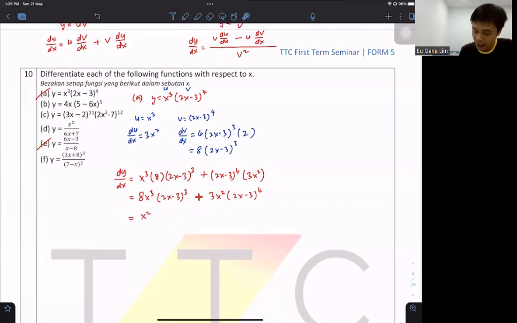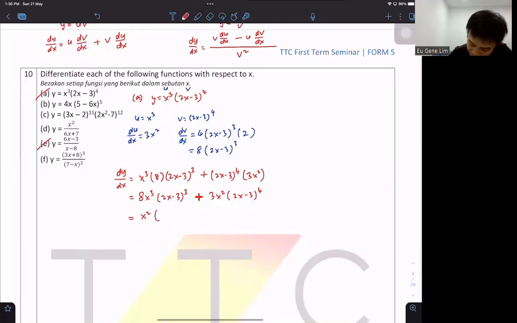Again, one more. Not only x cubed and x squared you can factorize. The bracket also you can factorize. You see the bracket is also the same. You see, (2x minus 3) power 3, (2x minus 3) power 4. Which one is smaller? Always take out the smaller one, okay? Which is (2x minus 3) power 3, right?